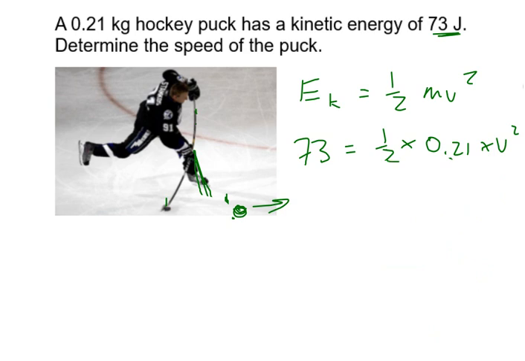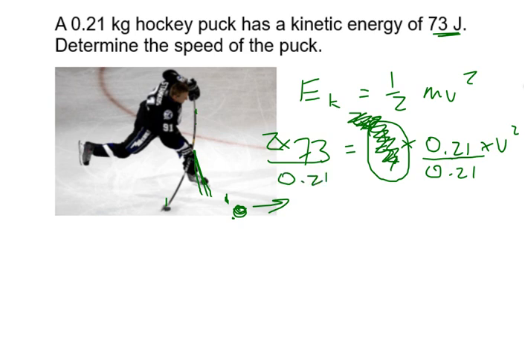How do you get rid of the number? Well, to get rid of 1 divided by 2, you really need to times by 2, but I'm not going to actually calculate it. I'm just going to put it times 2, right? And then I'm going to get rid of the number 0.21 by dividing by 0.21.